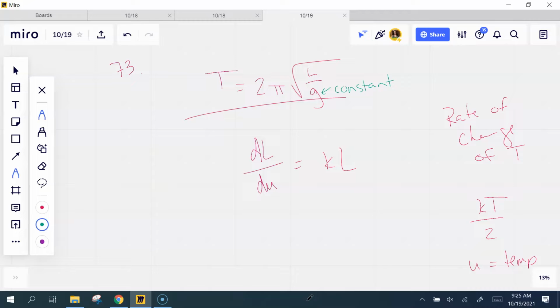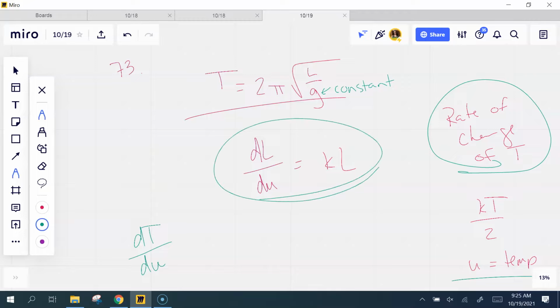I'm talking in terms of temperature, so I'm going to take the derivative of T with respect to the temperature. Just like we did the other one. Well, it asked me for the rate of change of T, so I know that's a dT situation. And then it said with respect to temperature U, so dT/dU.